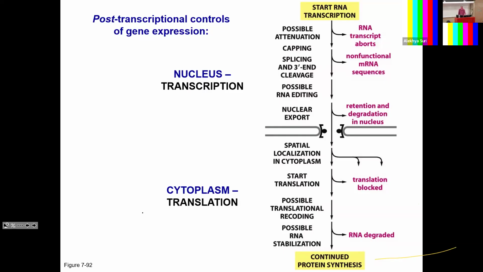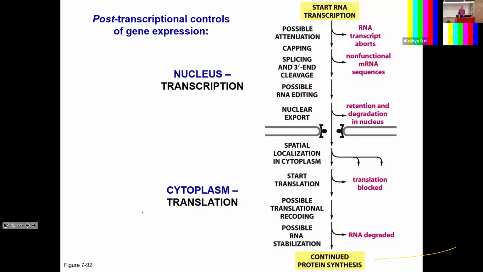What is here? RNA editing. I will come to this. Then there's nuclear export. After these steps are completed and introns removed, a poly-A tail is also added to the messenger RNA.